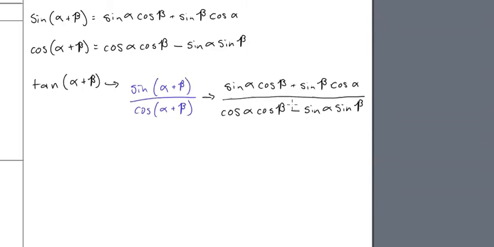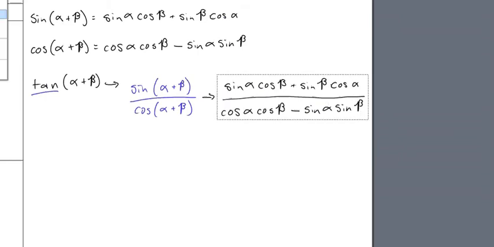Now, the reason we did that is because we don't know what tangent of alpha plus beta is. So we put it into terms of something we do know, but we still want to have it in terms of tangent. So how can we change, for example, this first term right here, into tangent? Well, tangent is sine divided by cosine.